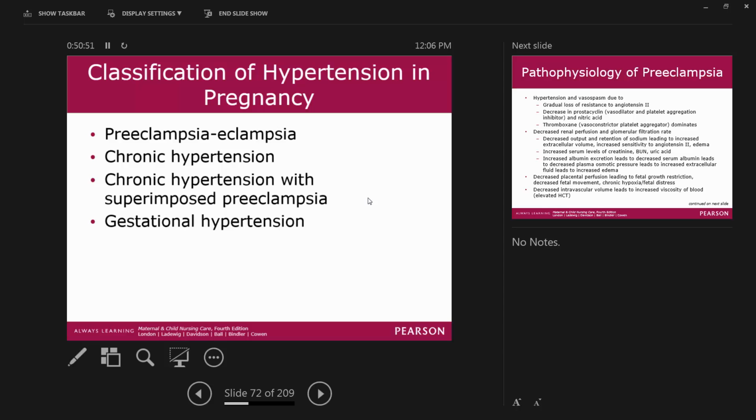Then chronic hypertension superimposed with preeclampsia means she has hypertension coming into the pregnancy, and then she starts spilling protein. That's how they determine that. And gestational hypertension is hypertension that started after she got pregnant, and it's not associated with proteinuria.